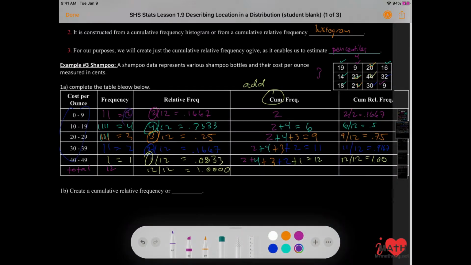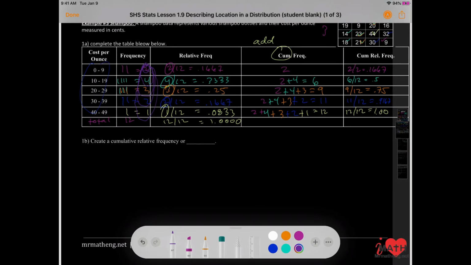And the second one, you're adding the first 2 bins. And then the third one, you're adding all 3 of these. And then the fourth one, you're adding all 4 of them. And then the fifth one, you're adding all 5 of them. Okay? All right, let's actually graph this. So create a relative frequency ogive.